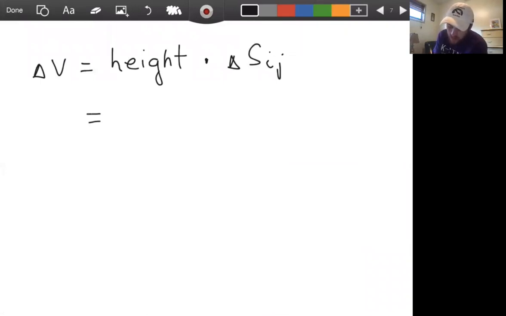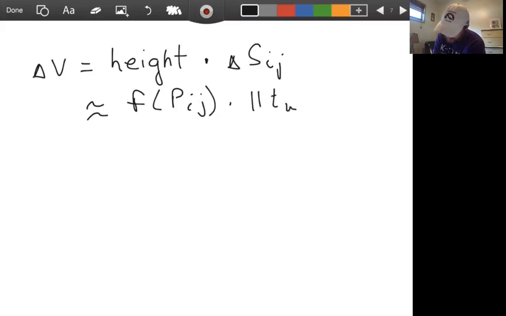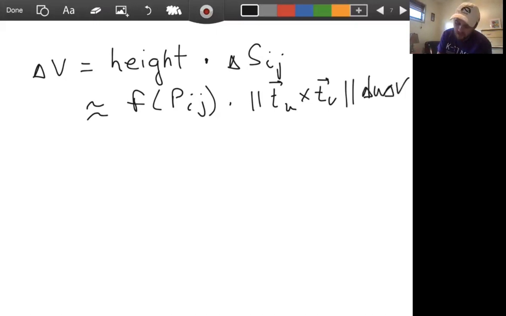And so the delta V here is going to be approximately f of Pij times delta Sij, which we learned was the magnitude of Tu cross Tv, delta u delta v. And this means the volume is approximately the double sum, where i goes from 1.